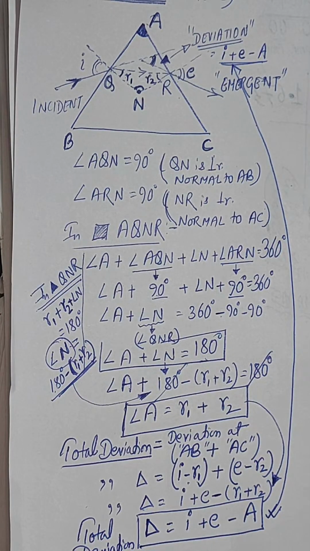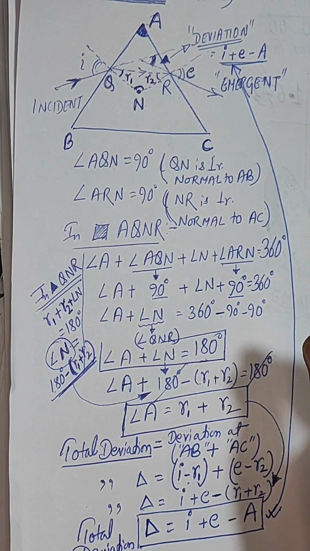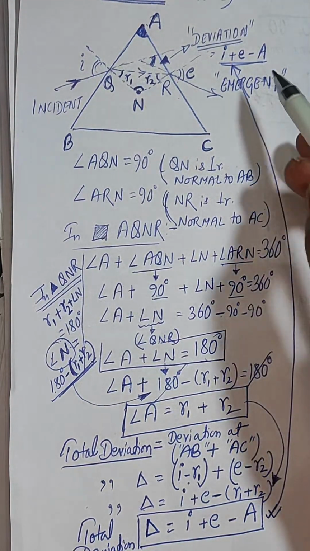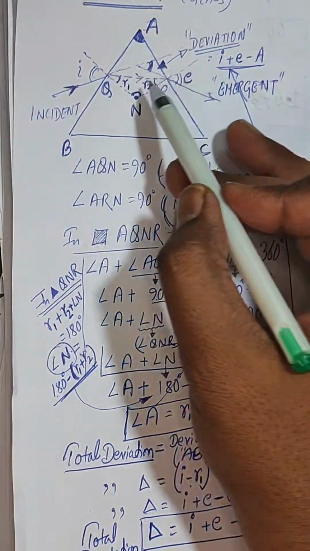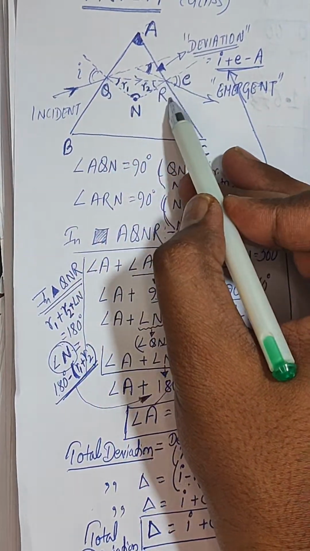Anyway, now except for this, for the minimum deviation, the refracted ray inside the prism becomes parallel to its base, right? The refracted ray, that means QR.